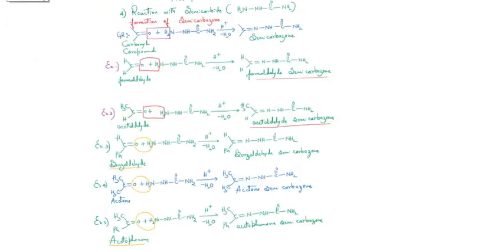So I have decreased the screen size here. So with respect to the fourth reaction, that is the reaction with semicarbazide, we have 5 examples of formation of formaldehyde semicarbazone, acetaldehyde semicarbazone, benzaldehyde semicarbazone, and the last 2 are acetone semicarbazone and acetophenone semicarbazone.